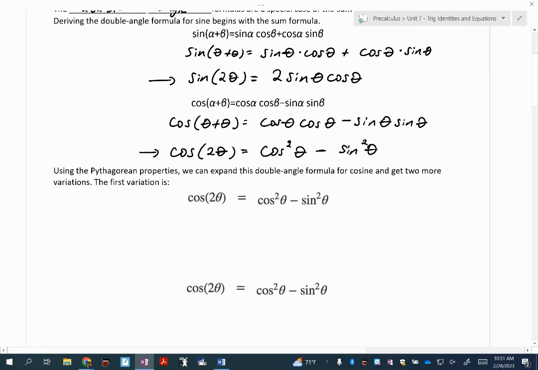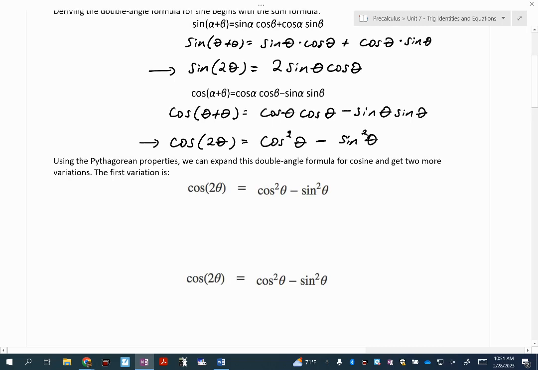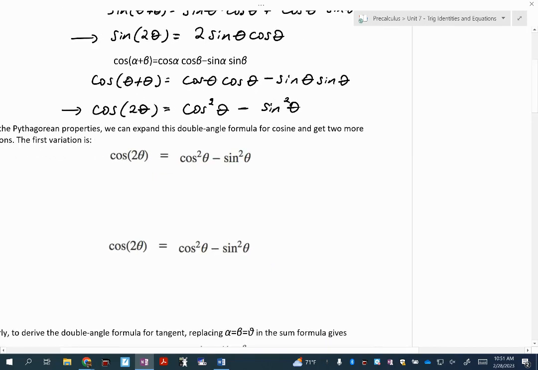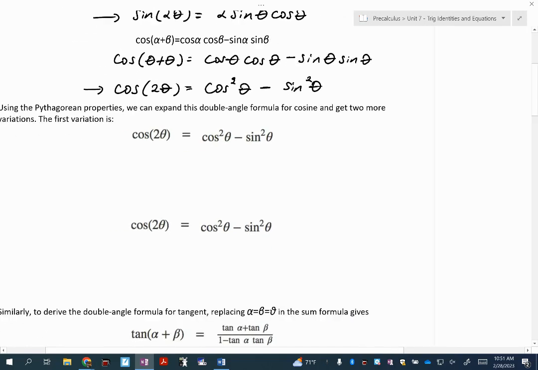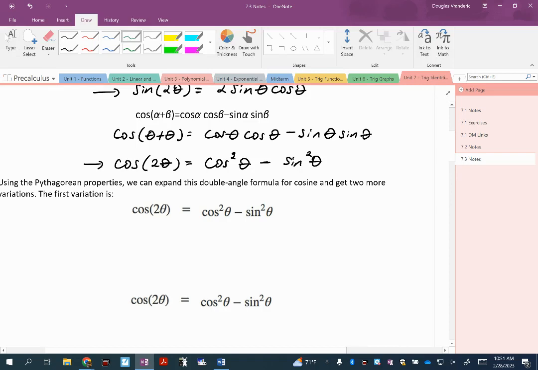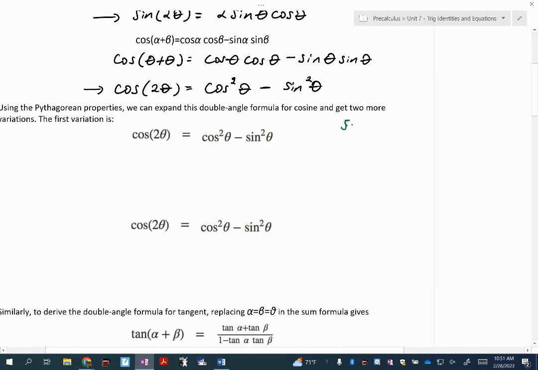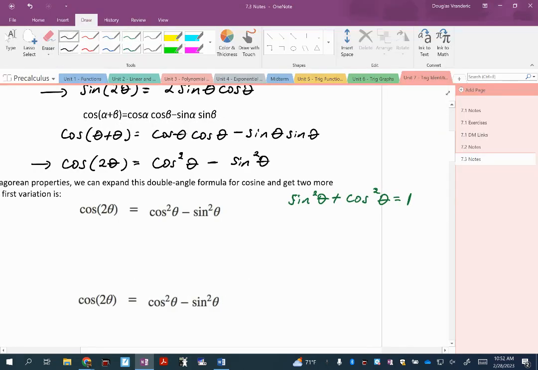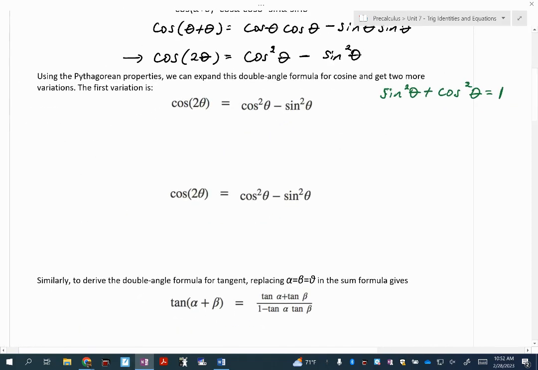Now, because of one of our Pythagorean identities from the very first lesson in this unit, we can actually take this cosine of 2 theta and rewrite it in two other forms. We're going to use the Pythagorean identity: sine squared plus cosine squared equals 1. If we manipulate that, I don't care which order you do this in.